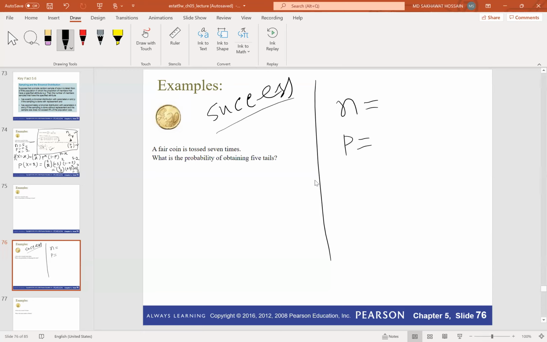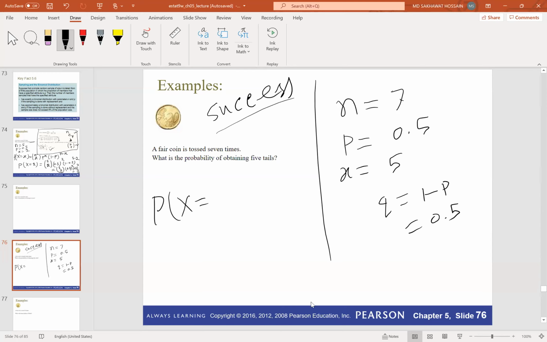So what is the number of trials here? And what is p? And what is x? Yeah, n is 7. That's correct. How about p? Yes, this is still 0.5 because this is a fair coin. And what is x here? x is 5. No, q is not 2 actually. q is equal to 1 minus p, which is 0.5.